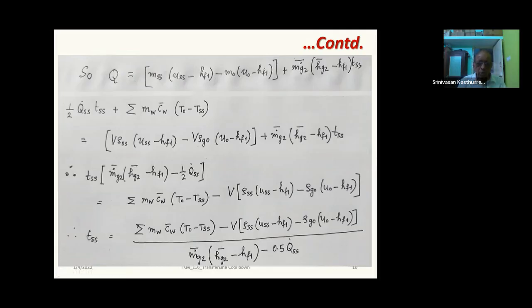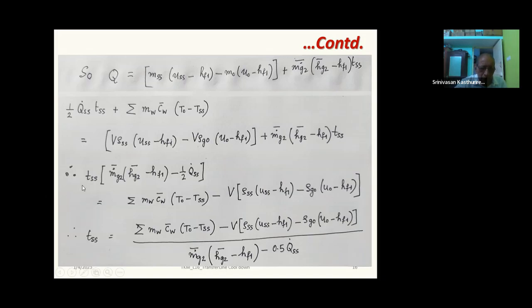So you see t_SS is occurring on the left side as well as on the right side. t_SS is what we have to calculate, right? It is the time required for the transfer line to reach steady state. So we bring all t_SS to one side. We take this term to the right side and exchange sides.